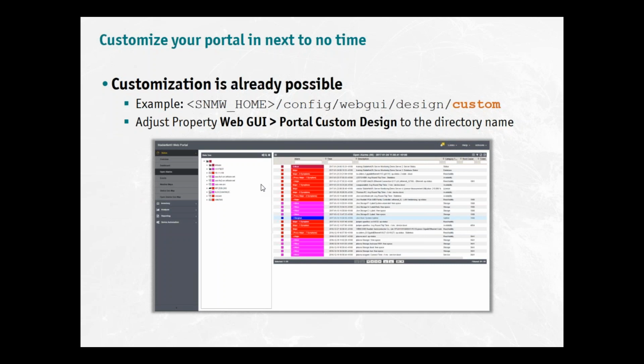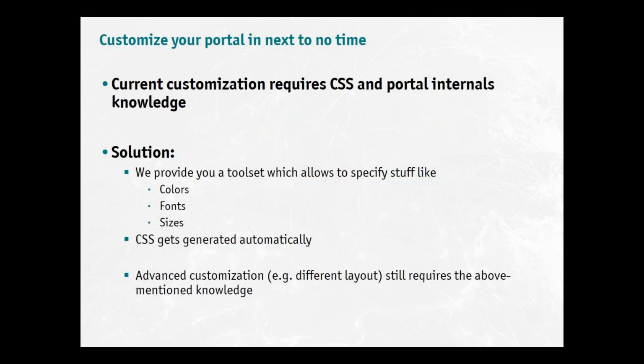What we want to do in here is give you a small tool set which allows you to generally specify things like font colors, background colors, or sizes, and the toolset will automatically generate your CSS files and adjust the complete web portal.